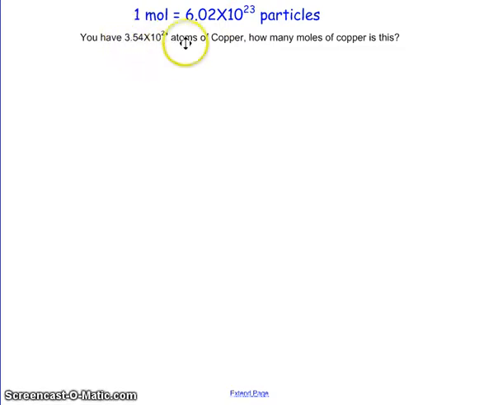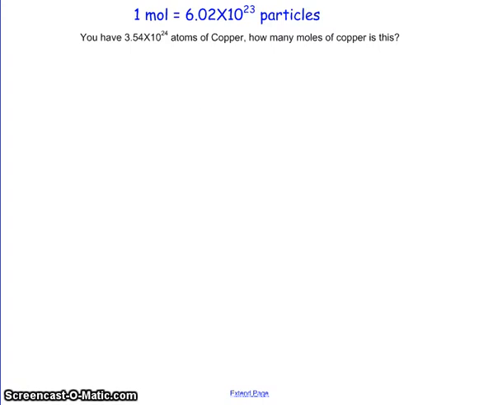Based on this number, are we going to have more than 1, less than 1, or equal to 1 mole? If you look at this number, we should have more than 1 mole because we have more than 6.02 times 10 to the 23rd. But let's go ahead and solve it so we can figure out exactly what we have.